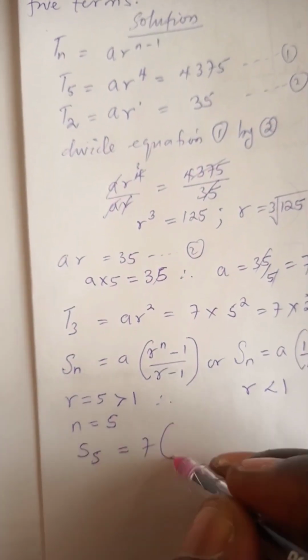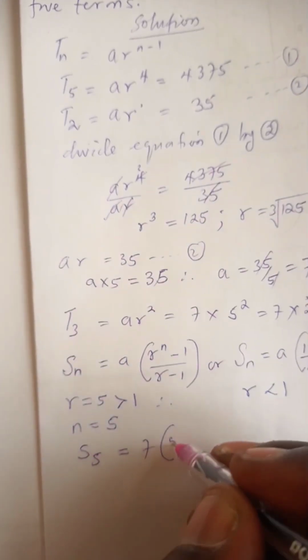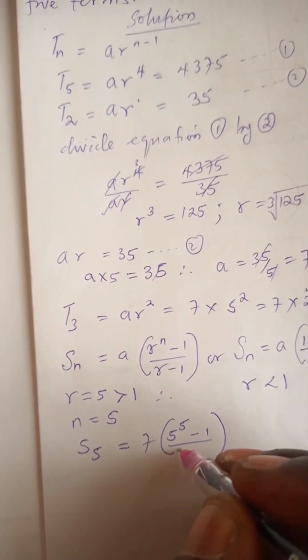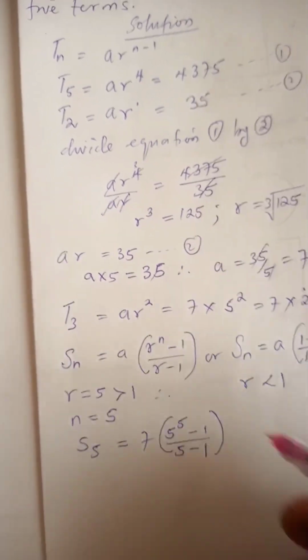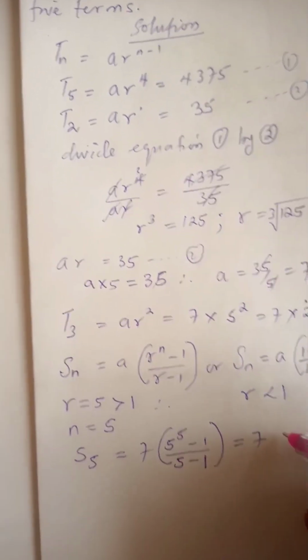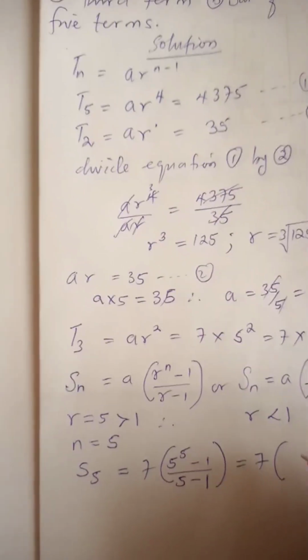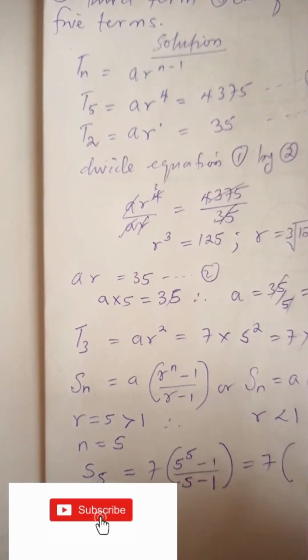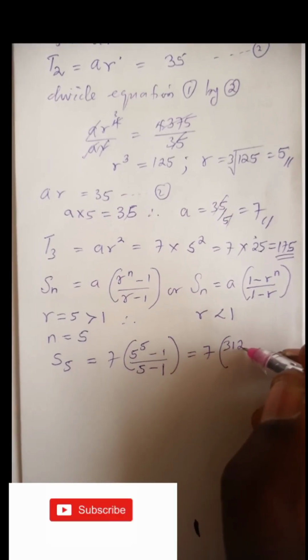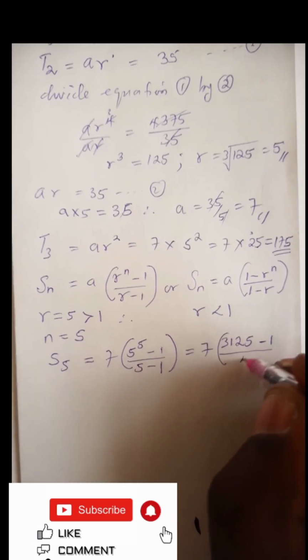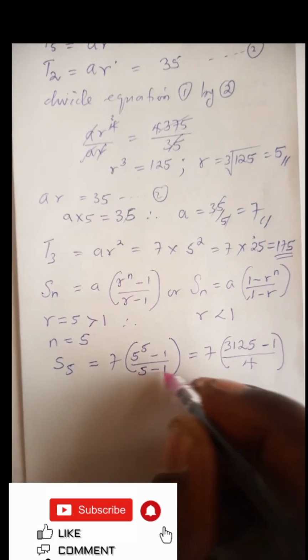So we have 7, open bracket, R is 5, raised to the number of terms that we're looking for, which is 5. Then minus 1 all over 5 minus 1. So this will give us 7, open bracket, 5 raised to power 5 will give us 3125. Then minus 1 divided by 4, which is 5 minus 1 will give us 4.